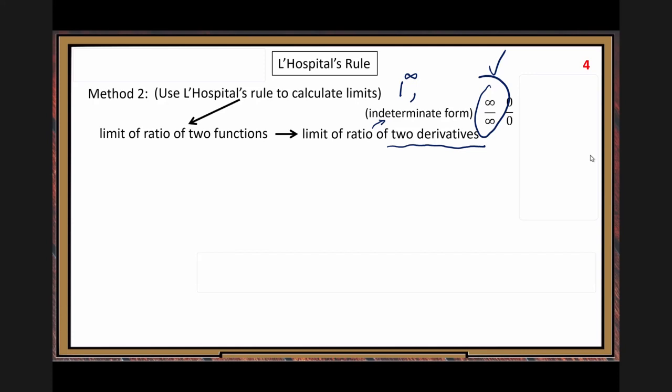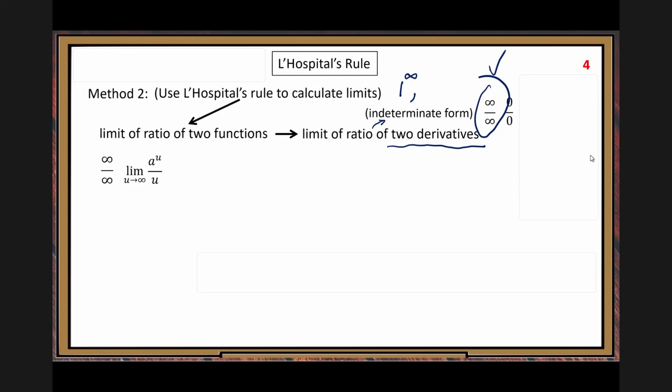Now, let me show you the L'Hopital's rule application. Let's apply it on this ratio first, as u goes to infinity. First, both numerator and denominator go to infinity, so it's an indeterminate form.